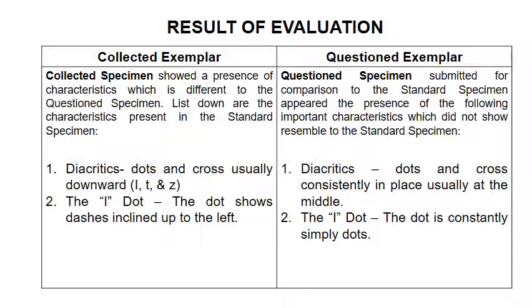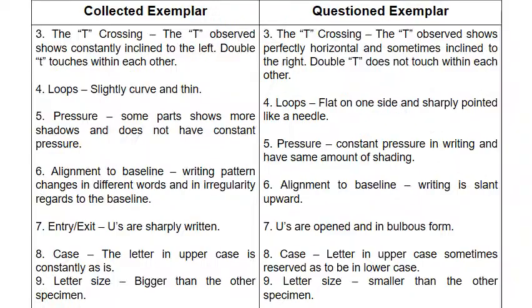First, let's tackle the diacritics. In the collected exemplar, the diacritics, dots and crosses are usually downward, on the L, T, and Z, while in the questioned exemplar, diacritics, dots, and crosses are consistently in place, usually at the middle. The i dot: in the collected exemplar, the i dot shows dashes inclined up to the left, while in the questioned it is consistently simple dots.